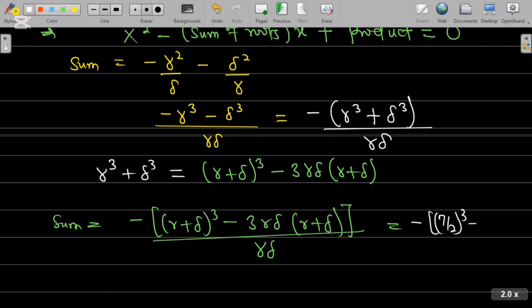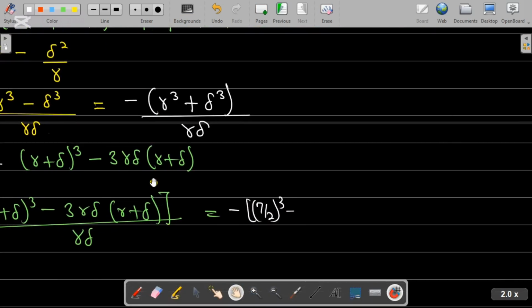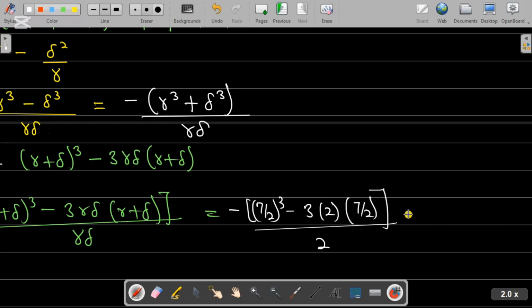And that is going to be minus 3 times gamma delta, which is 2, times gamma plus delta, which is 7 over 2. We close this bracket, all over gamma delta, which is 2. And of course we can bring out 7 over 2, and so we'll have minus 7 over 2.